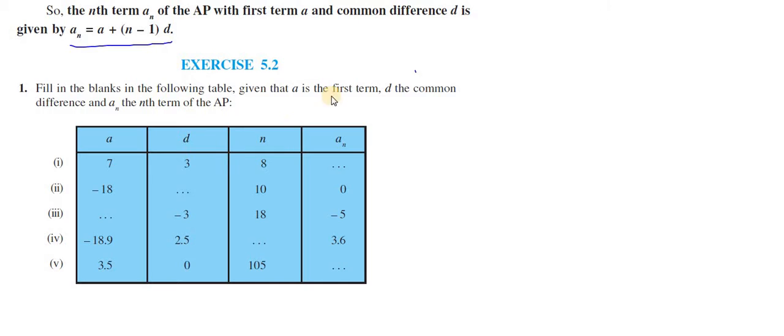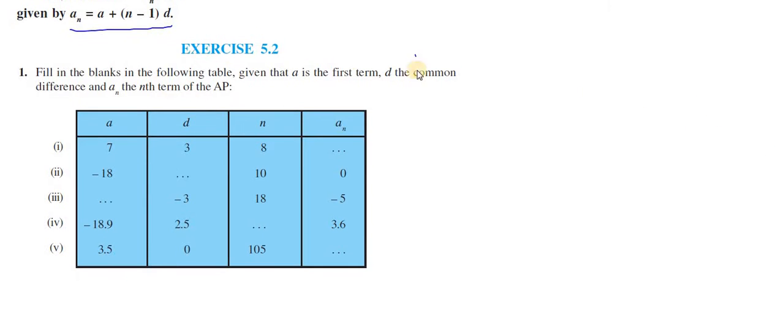Here they have given: fill in the blanks in the following table, given a the first term, d the common difference, an the nth term of the AP. They have given A, D and N, so you need to find AN.